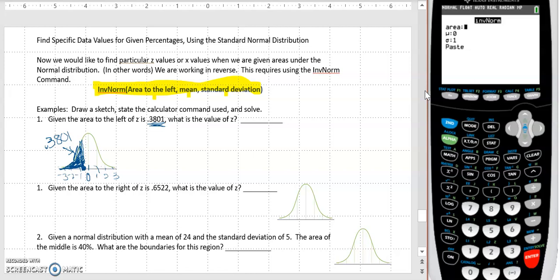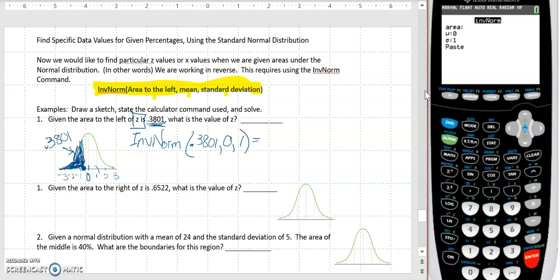My command says I'm going to use inverse norm because I want to work in reverse this time. Type in the area to the left, which is 0.3801. The mean for this distribution, since this says z, is 0 and the standard deviation is 1.